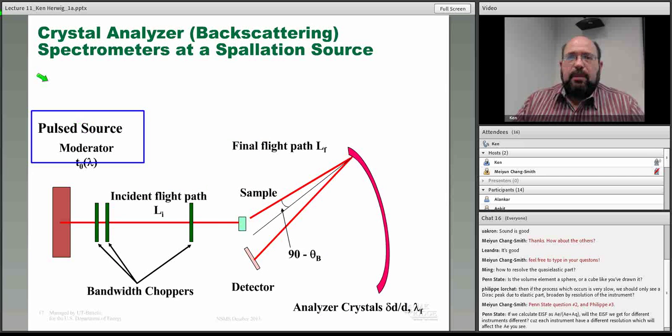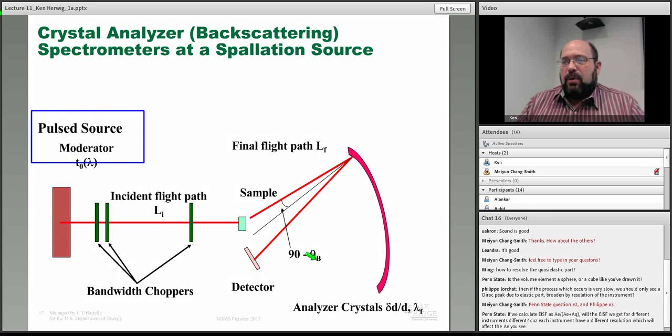Let's talk a little bit about instruments, and then we'll pause for a few more questions. Crystal analyzer backscattering spectrometers: in this case, one selects the neutron's final energy by allowing the neutrons that scatter from the sample to be reflected by analyzer crystals, which are characterized by the wavelength that they reflect back to the detector, and the variation in the d-spacing of the crystal.